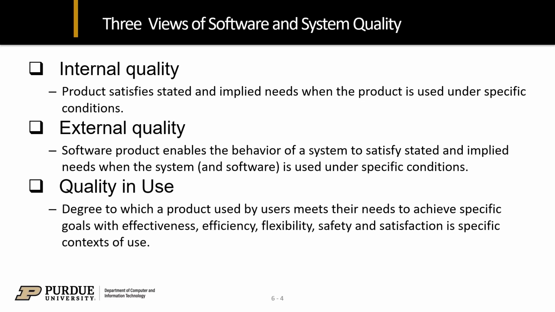External quality, the software product enables the behavior of the system to satisfy stated and implied needs when the system is used under specific conditions. And lastly, quality in use, which is the degree to which a product used by users meets their needs to achieve specific goals with effectiveness, efficiency, flexibility, safety, and satisfaction.